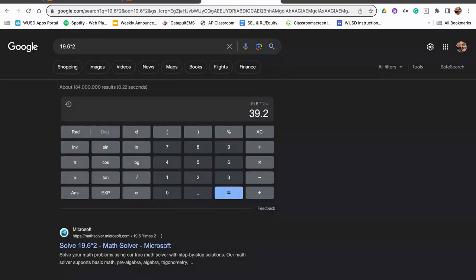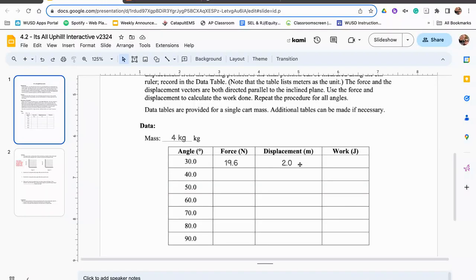And that's going to give me an answer of 39.2. So the amount of work that's done is going to be 39.2 joules. Okay. And so hopefully that gets you guys off to a good start.